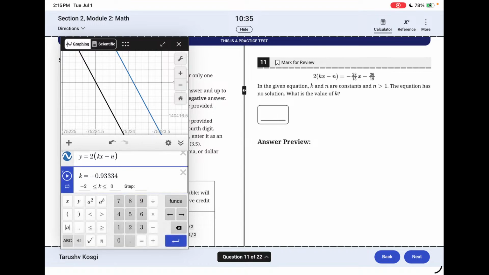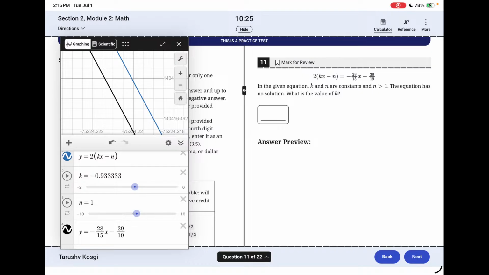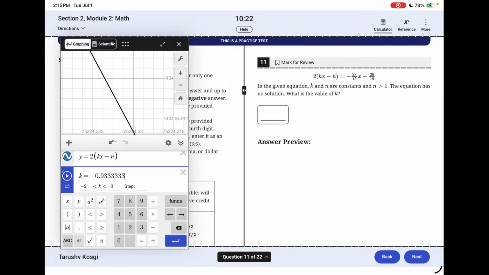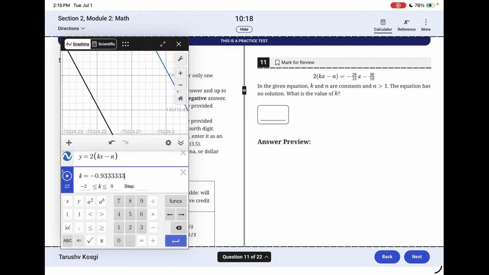This is like a major time waste, guys. You probably don't want to be doing this on this test. Wait, do we do it? No. Okay.